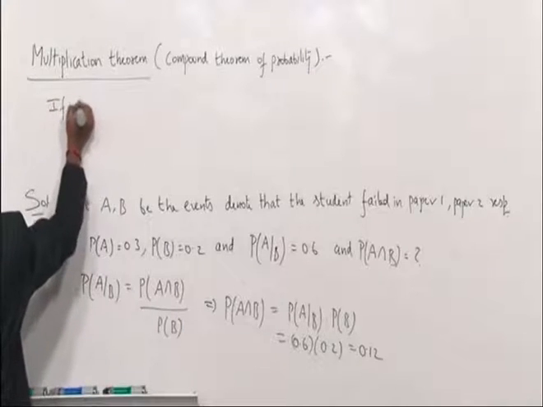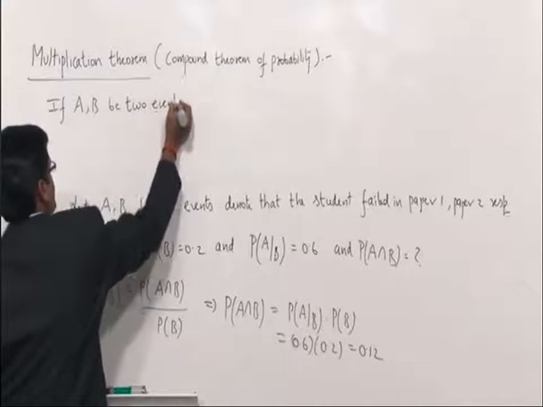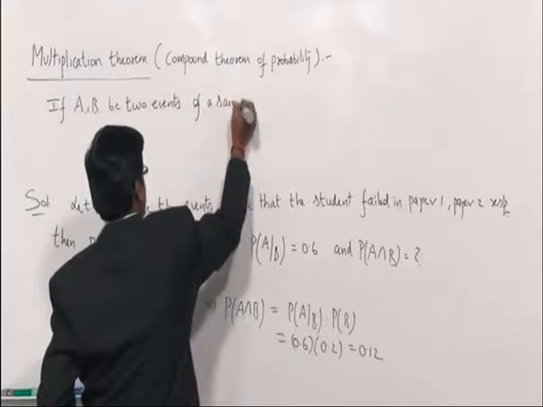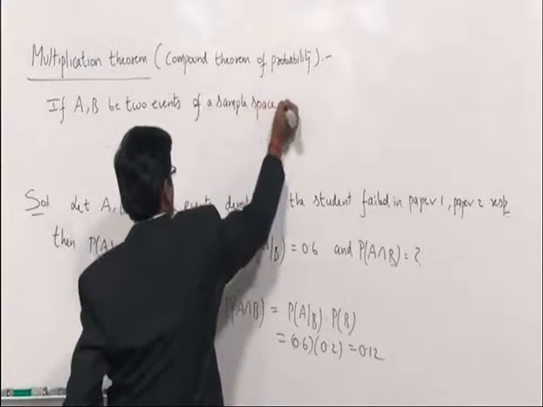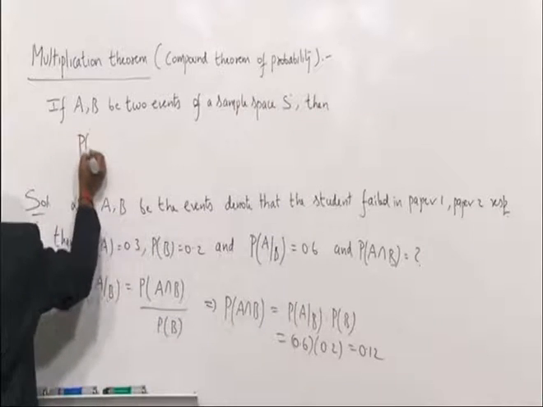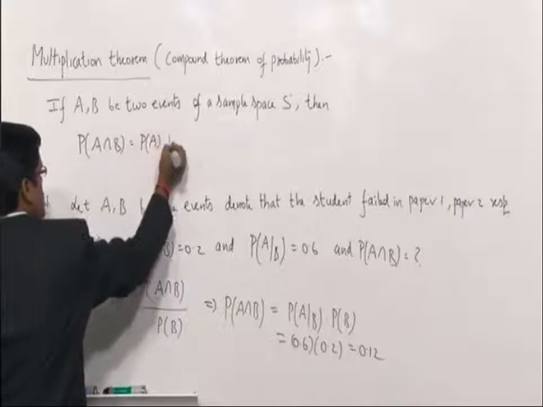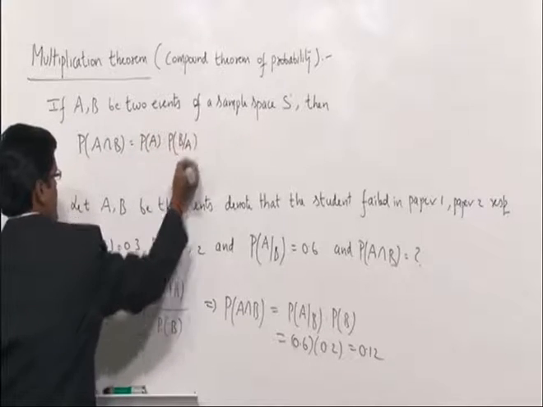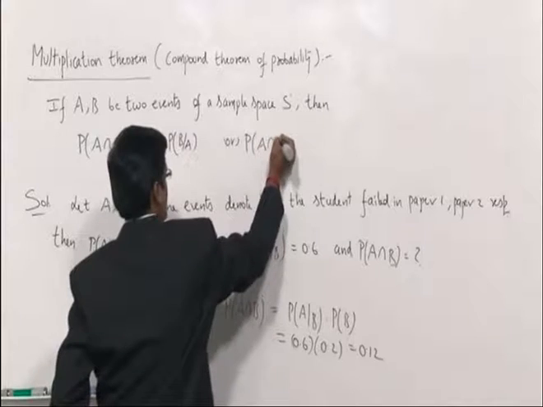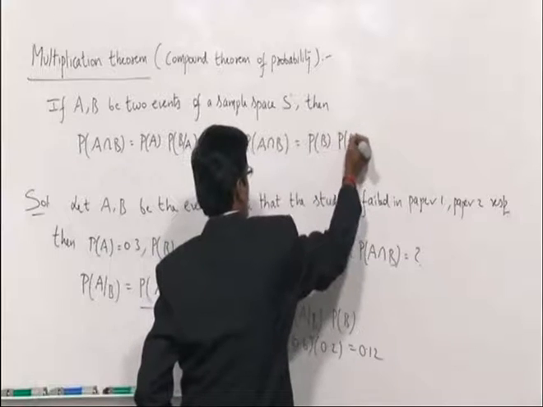If A, B be two events of a sample space S, then P of A intersection B is equal to P of A into P of B given A, or P of A intersection B is equal to P of B into P of A given B.